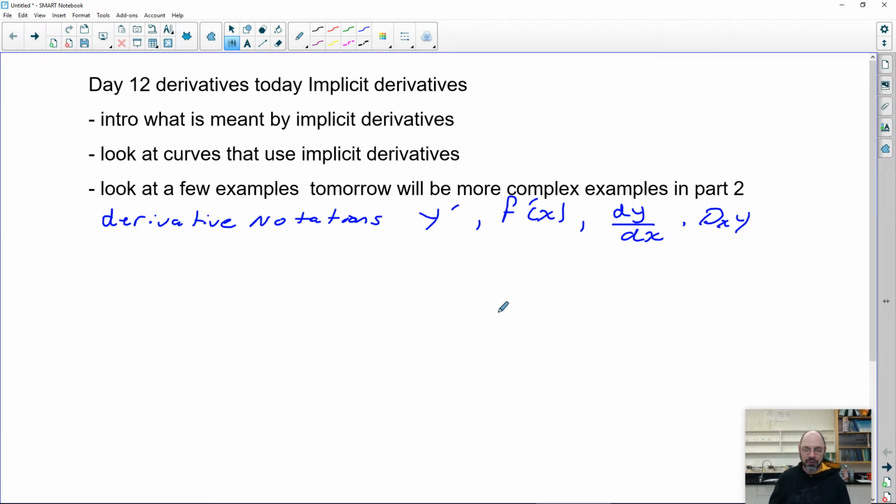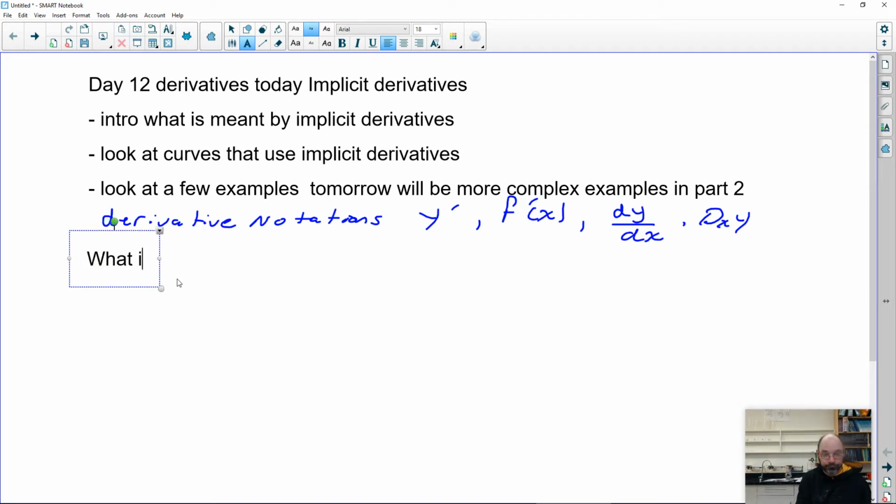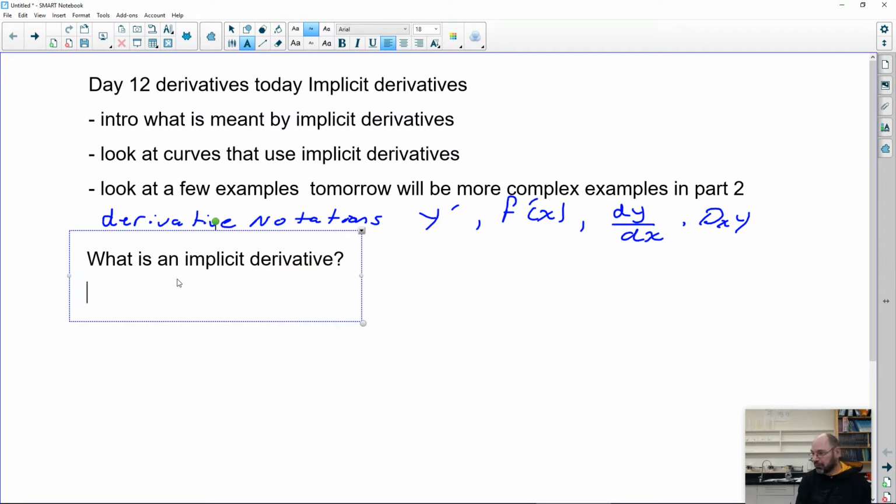So what we're going to do is introduce what an implicit derivative is. Okay, so what is an implicit derivative? A little preamble here.